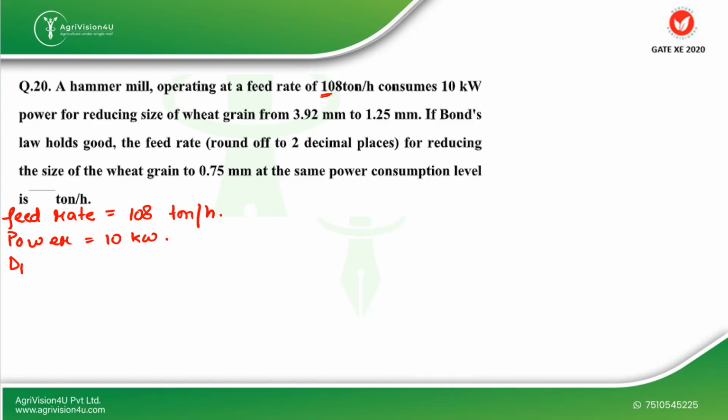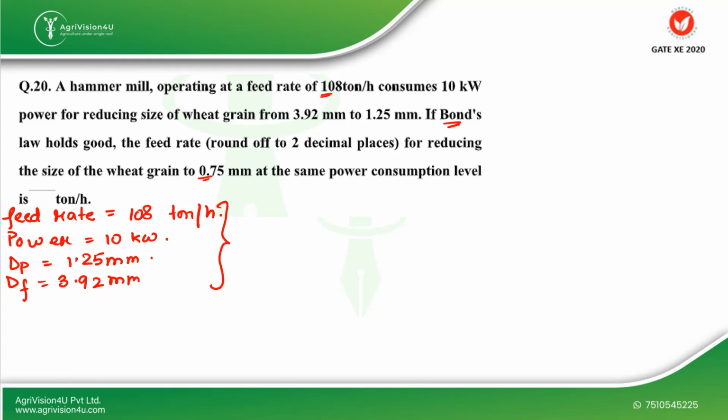So Dp, the product, will be 1.25 mm and the feed is 3.92 mm. If Bond's law holds good, the feed rate for reducing the size of the wheat grain to 0.75 mm at the same power consumption level will be how much?